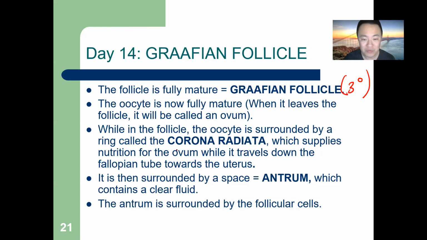While in the follicle, the oocyte is surrounded by a ring called the corona radiata, which supplies the nutrition for the ovum while it travels down the fallopian tube toward the uterus. The egg cells inside the ovary are surrounded by blood vessels and capillaries and a lot of other pipeline to send nutrients there to keep them alive. That's no problem while they're in the ovary.